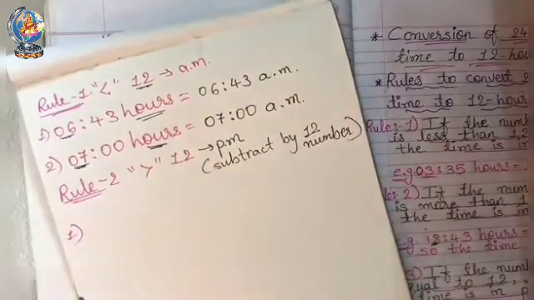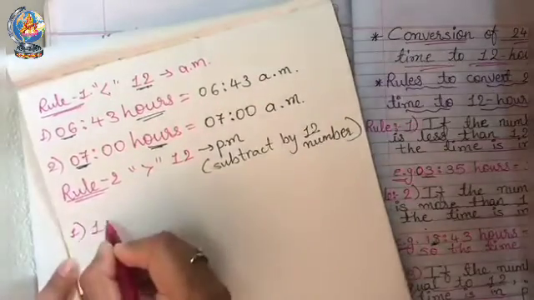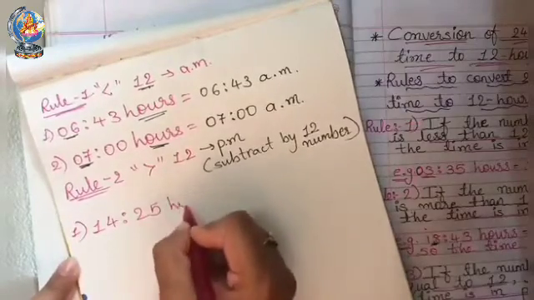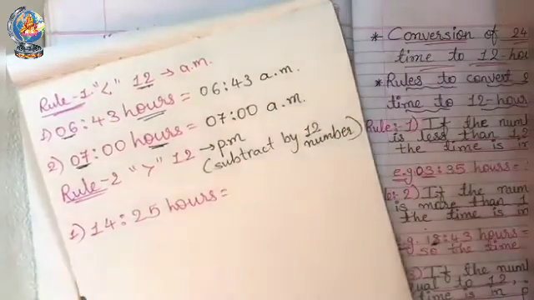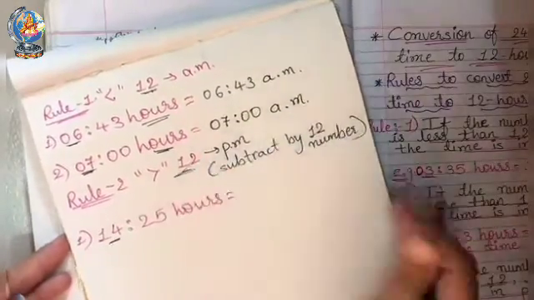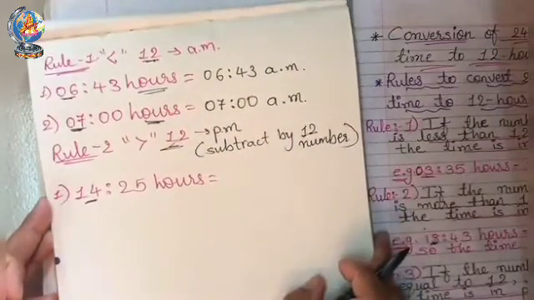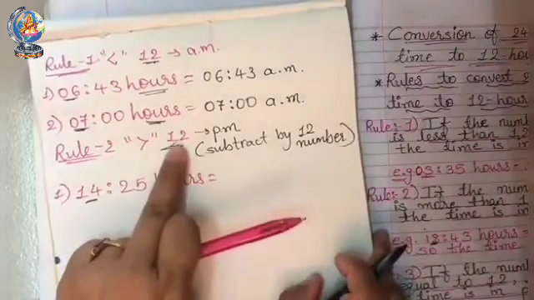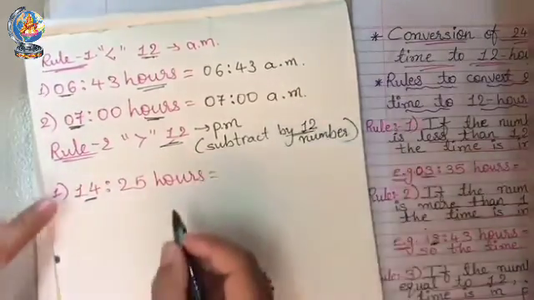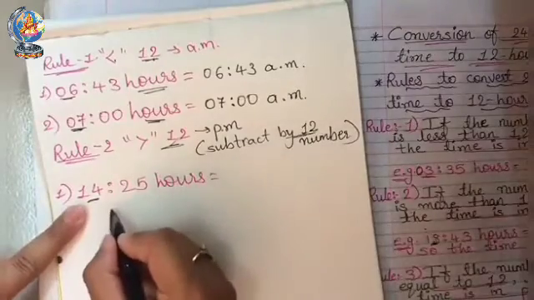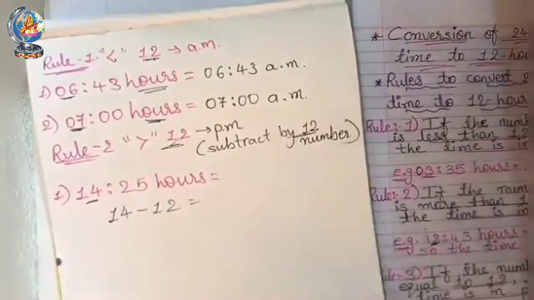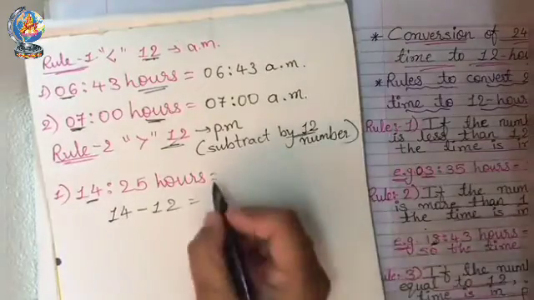Suppose 14:25 hours. Look, this 14 is more than 12, right? So now what do we have to do? We will subtract 12 from it. So 14 minus 12, how much will it be? Simple, 2, right?